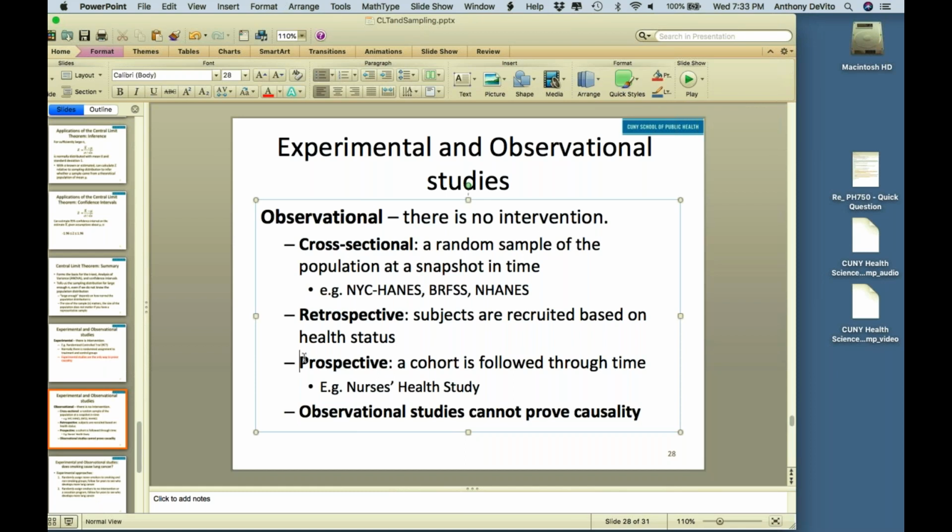A prospective study, you take a group of people and you follow them forward through time. The Framingham study is a famous study where they enlisted tens of thousands of doctors to report their cardiovascular and pulmonary health, and also whether or not they smoked, for instance. So that was a prospective study.